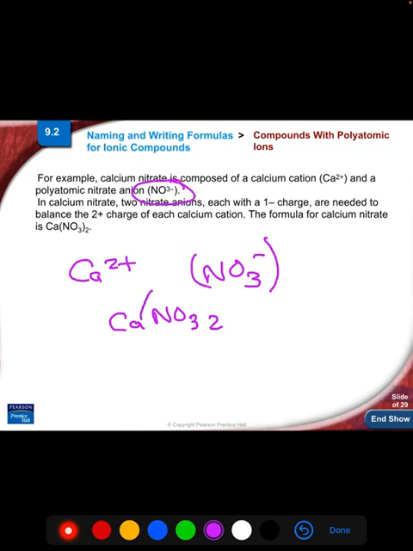So I will write parentheses indicating that I've got 1 calcium atom and 2 nitrate anions. Okay, and so that means I would actually have a total of 2 nitrogen atoms in the compound and a total of 6 oxygen atoms in the compound. It's getting much more complicated. So this would have 6, 7, 8, 9 different atoms in it.